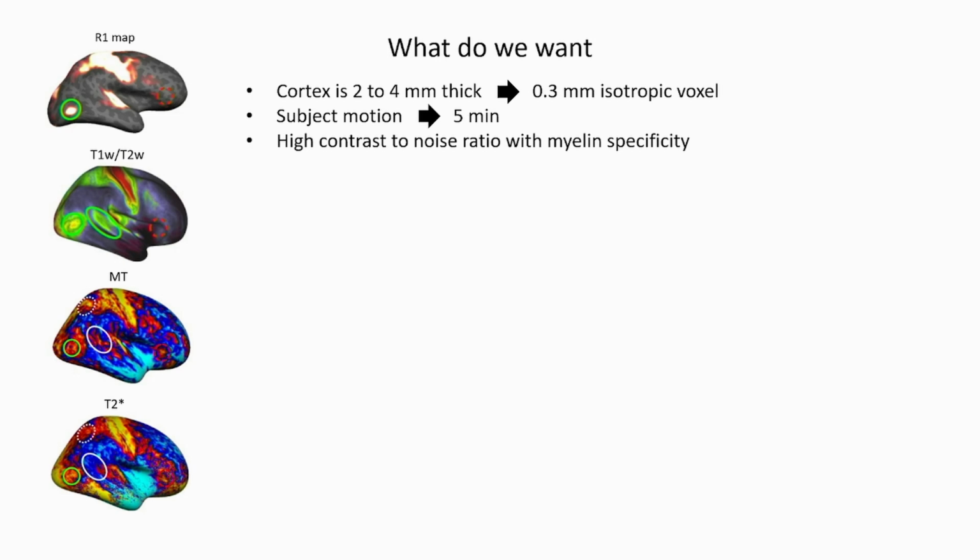So if you want to get multiple layers from there, you really want something like 0.3 millimeter isotropic voxels. Then you roughly have 6 layers within 2 millimeters. At that resolution, motion will be a problem, so scan time needs to be limited, maybe 5 minutes would be great. And you want one myelin-specific imaging technology that provides high CNR and SNR.